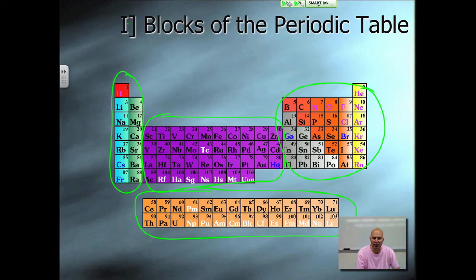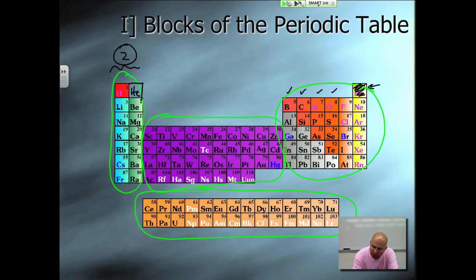And so let's take a look at how wide each of these blocks are. 2 wide. See how there's 2 across really? This helium oftentimes is viewed as being over here when we talk about blocks. If I put that helium there, then it's really nice and organized block-wise.